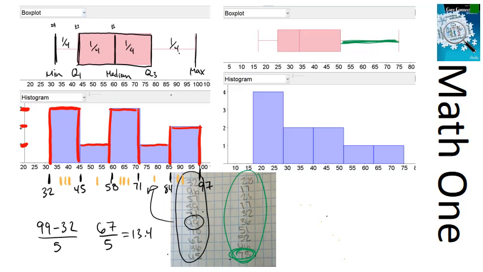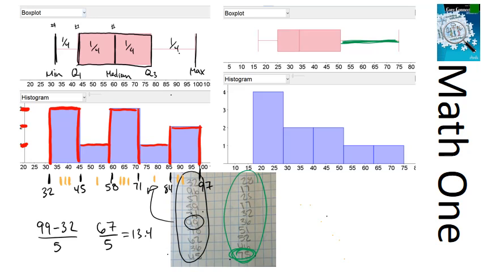On the left-hand side, I have the box plot on top, and this is the minimum value in that data set. I can see that the minimum was 32, even though this isn't set up in order. The smallest was 32. And then this is quartile 1, the middle of the lower half of the data.